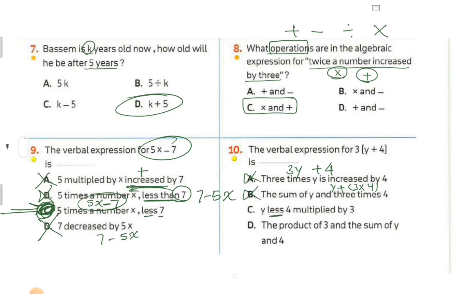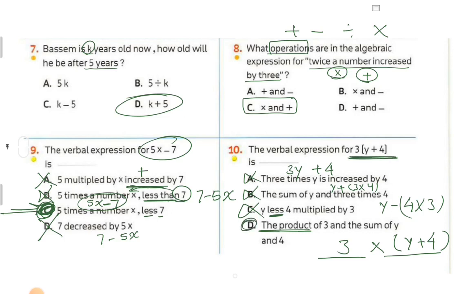Y less means y minus, so of course it's false. Last one: the product of 3 and the sum of y and 4. We have two parts and we have a product: 3, and the sum of y and 4. Yes, that expression is here, so D is the correct answer.